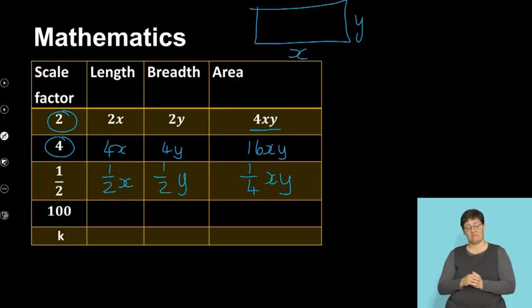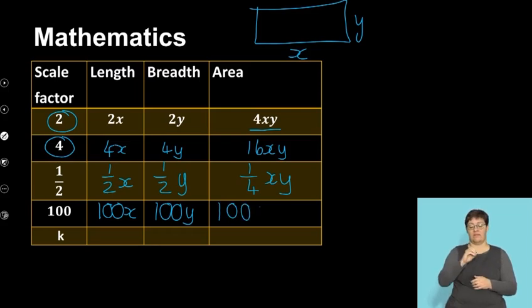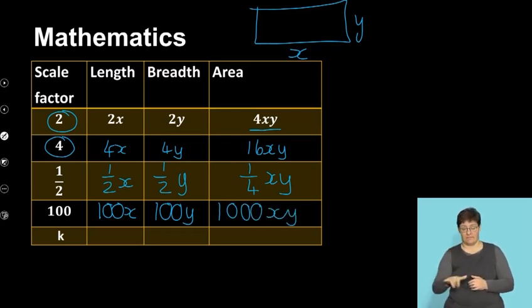Then if my scale factor is 100, I'm going to have 100 times x. My breadth will be 100y. And last but not least, my area would be 10000xy.